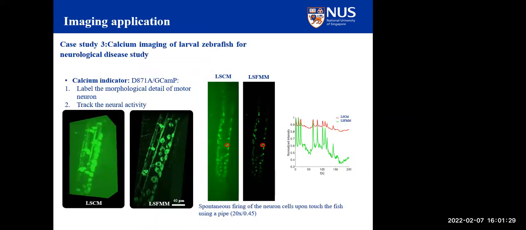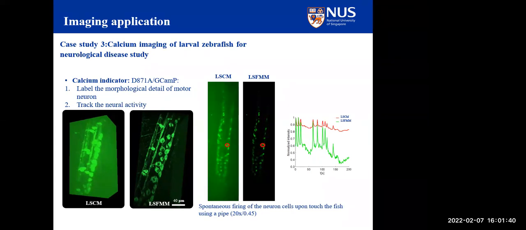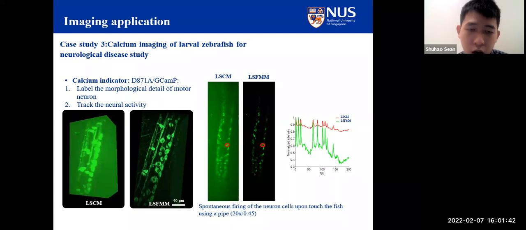Yeah, exactly. Yeah, this 3D image rendering is achieved using software called Imaris, which is a commercialized software. But we have already developed our own 3D rendering processing software, which is based on some open source software.